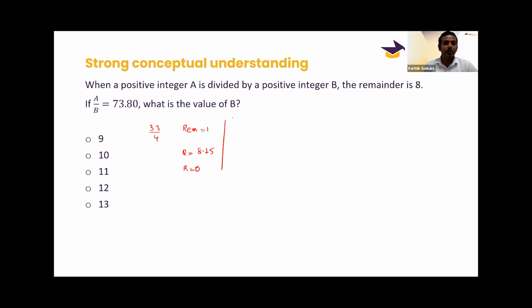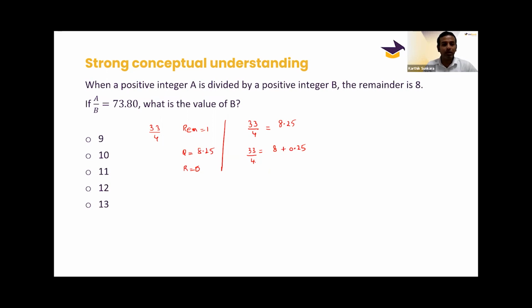33 divided by 4, right? And how much do we get? It is 8.25. I'm going to write this as 33 upon 4 is equal to 8 plus 0.25.